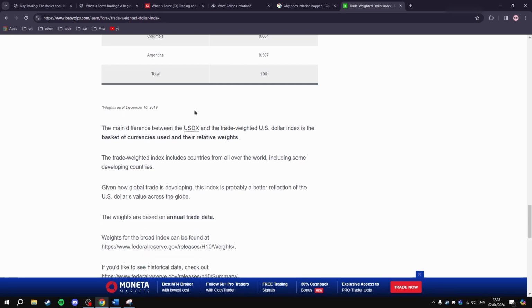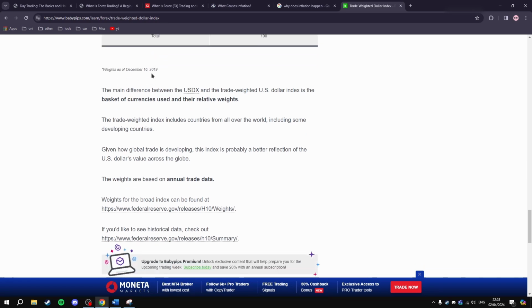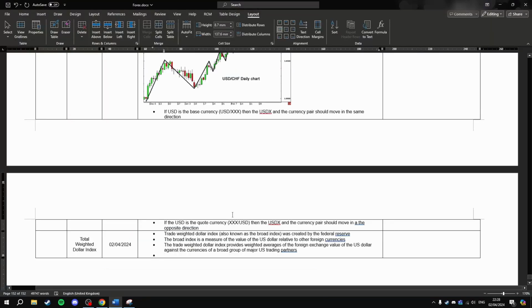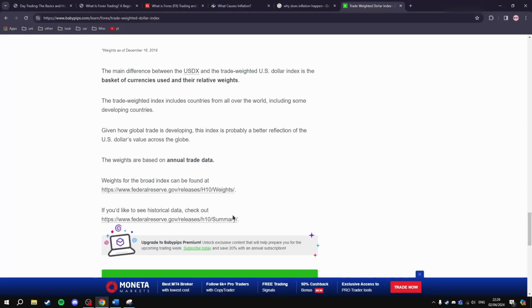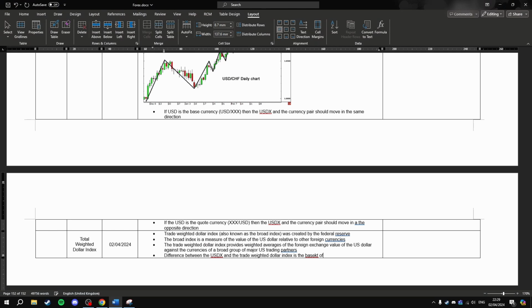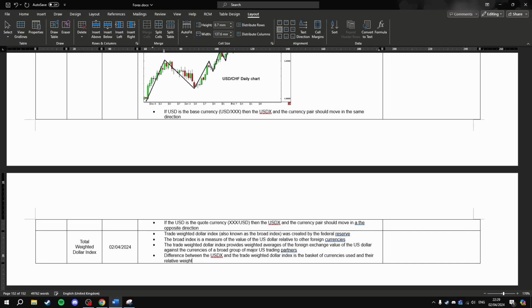The main difference between the USDX and the trade weighted US dollar index is the basket of currencies used and their relative weights.